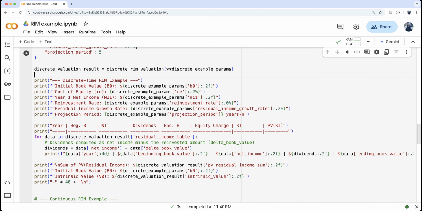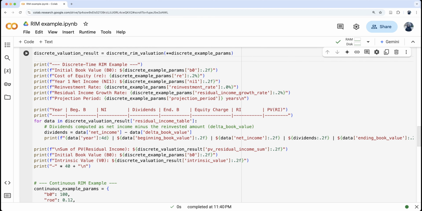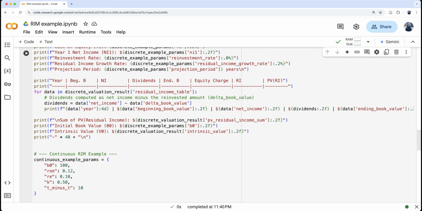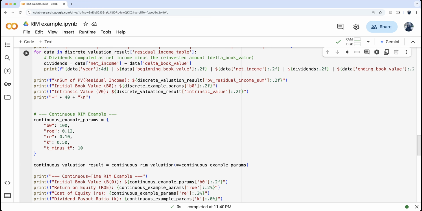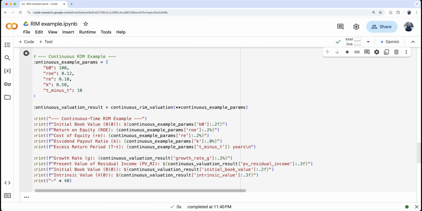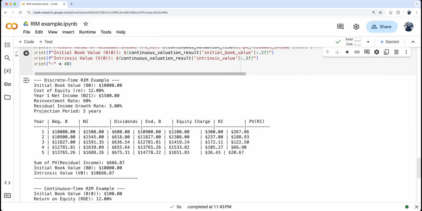And then for each row in the discrete result's residual income table, including dividend, we keep generating this one. And then for the continuous time example, we put this one in and print out the result, and if we run it, we have this beautiful output.